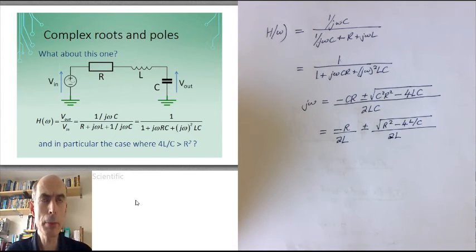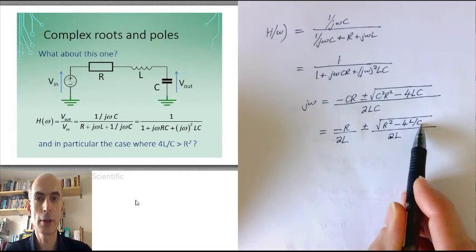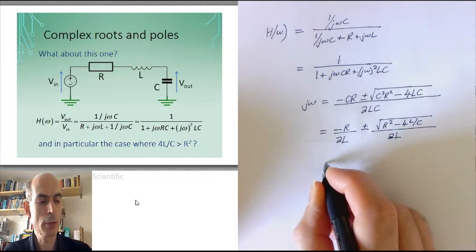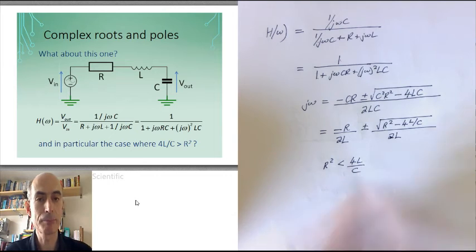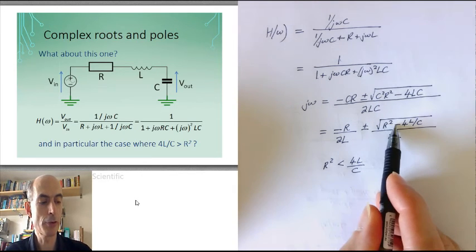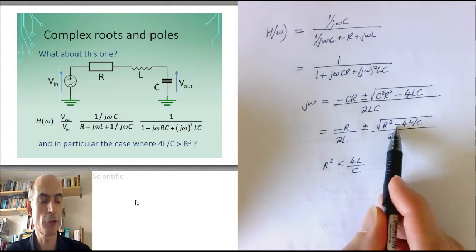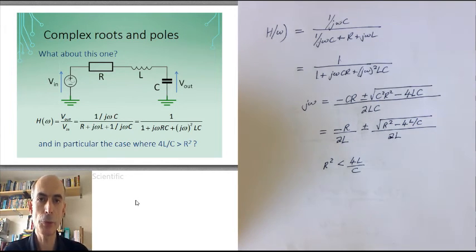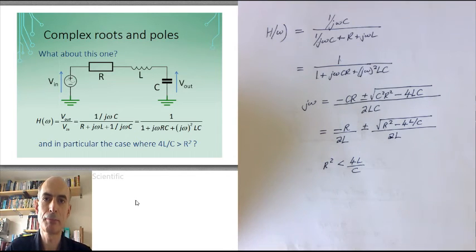Now, it would be perfectly possible to pick values of resistors, inductors, and capacitors so that r squared was less than 4l over c. In other words, r squared minus 4l over c is negative, and we'd have to take the square root of a negative number, and that would give us an imaginary result. That would suggest that our poles are complex.